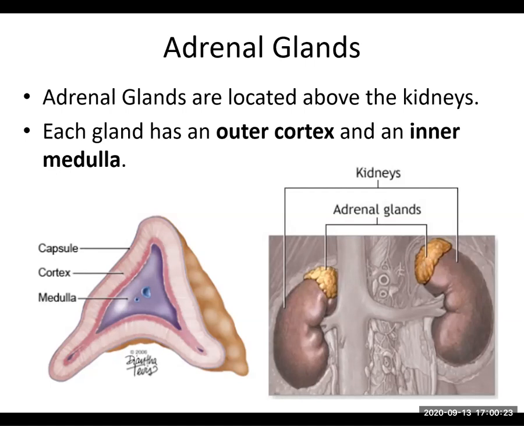They are located on the top of the kidney, and here is this triangular structure, like a little cap located on top of the kidney. If you do the transection, we can see that it has two portions. One is called the cortex, the other one is called the medulla.